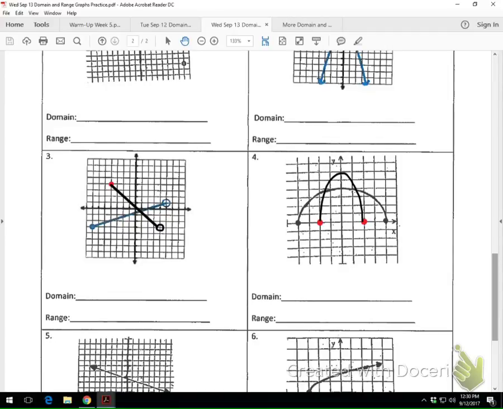Okay, so make sure, if this is going too fast, remember you can rewind and go from there. Okay, so I redid number 1, 2, 3, 4. So here's 5 and 6.